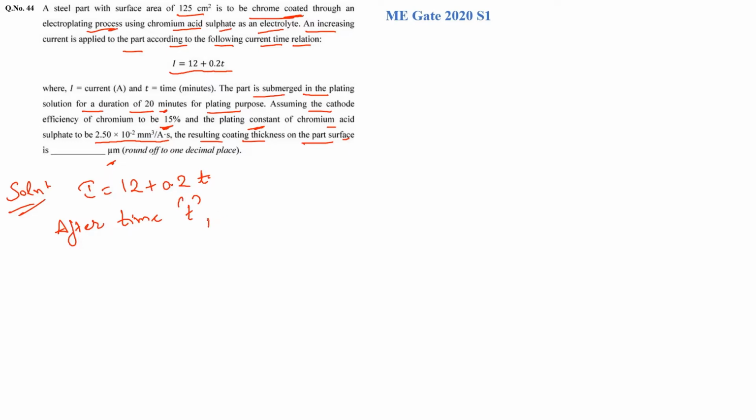So if we have to find out the sequential steps through which this plating happens, we have to differentiate it, so it would become dt, and assume that the deposited volume be dq.